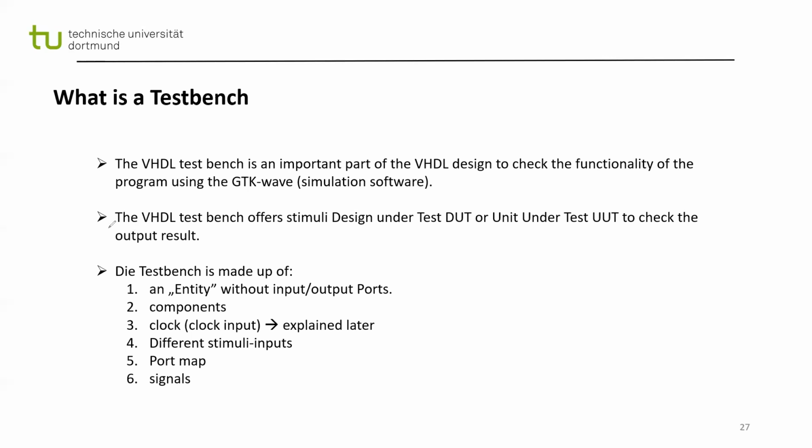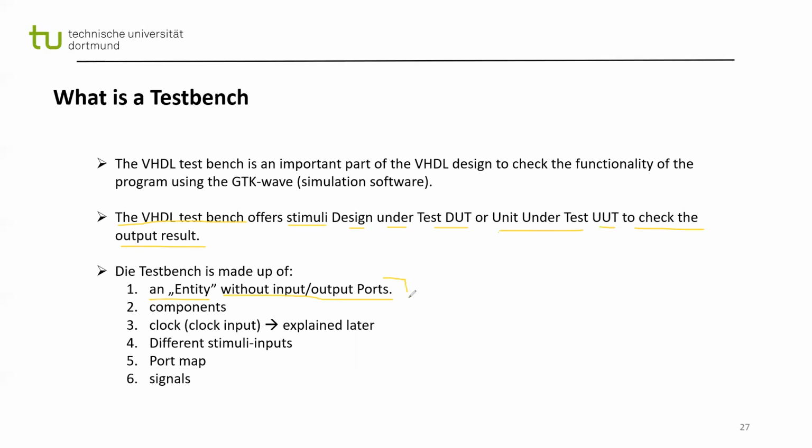Basically, the VHDL Testbench offers stimuli to the design under test, DUT, or unit under test, UUT, to check the output result. The Testbench consists of multiple objects, starting with an entity without any input or output ports.